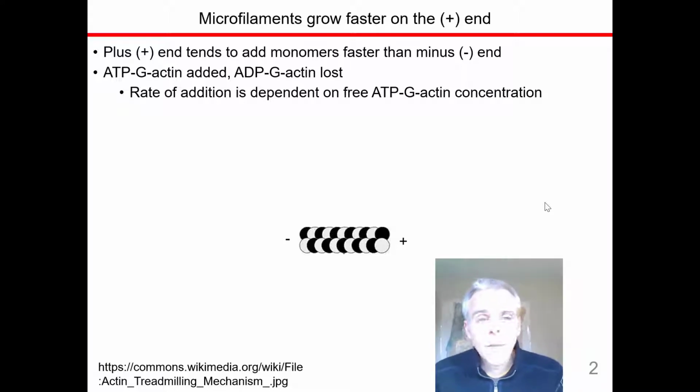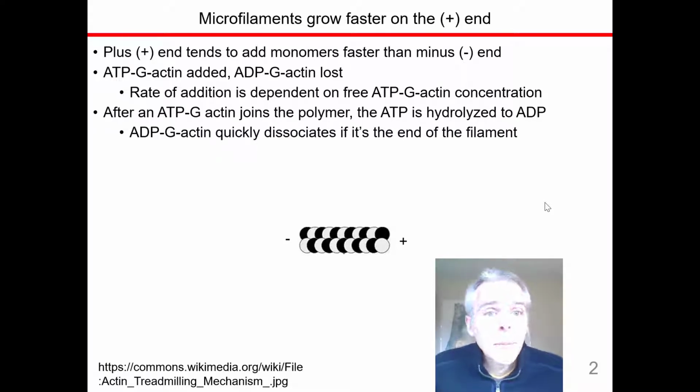In microfilaments, when the ATP G-actin is hydrolyzed to form ADP G-actin, those monomers are going to fall off the microfilaments. And generally, the rate of addition of our actin monomers is dependent on the concentration of free ATP G-actin. So the more available ATP G-actin there is, the faster they will add to our microfilament.